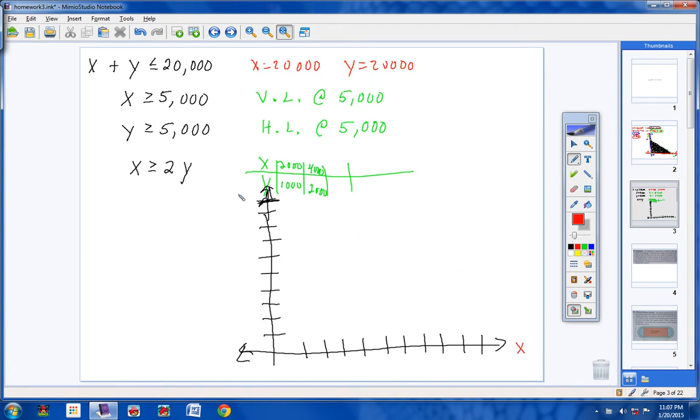And here we go. Okay, my first line here in red has 2,000 here, put 2,000 here. Has an x-intercept of 20,000 and 20,000. Alright, so here we go.